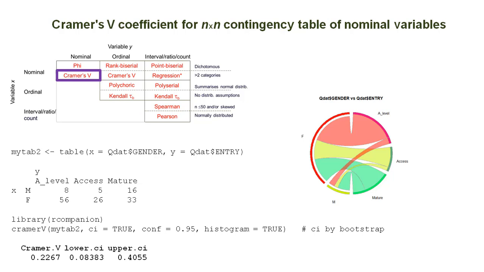Unlike other measures of association, Cramér's V is only in the range 0 to 1. The result 0.2267 shows that only 23% of the entry data can be ascribed to the association with gender. The 95% confidence interval is from the bootstrap.